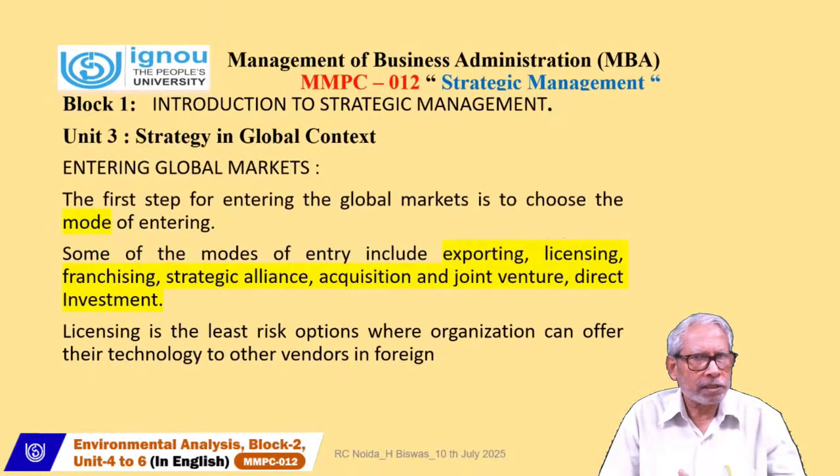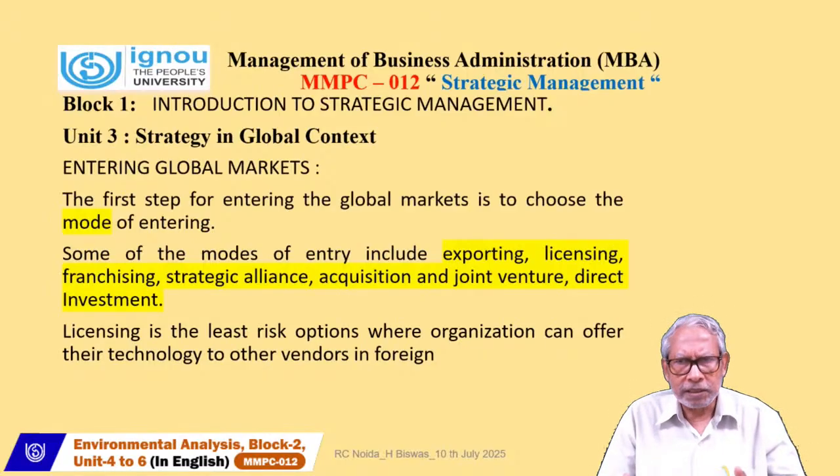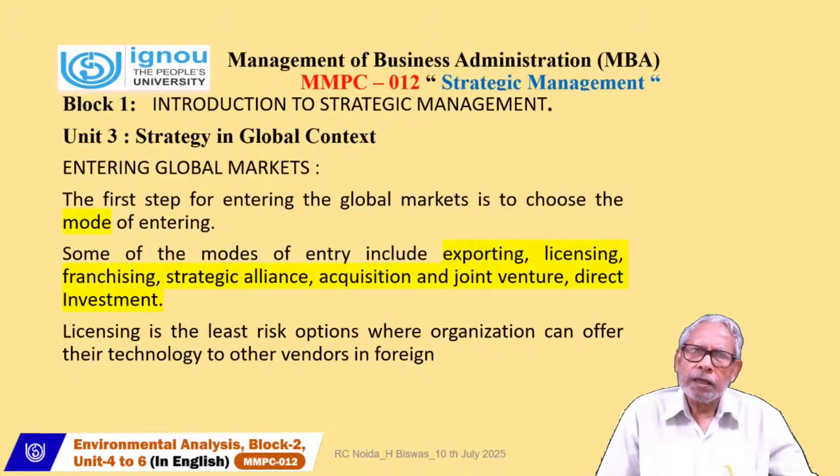You can export the things, that is one way to enter the market, or license something to other companies, franchises or alliances, merger, acquisition, joint ventures, or FDI, that is foreign direct investment. This is also a way you can enter. So the mode of entering has to be decided.